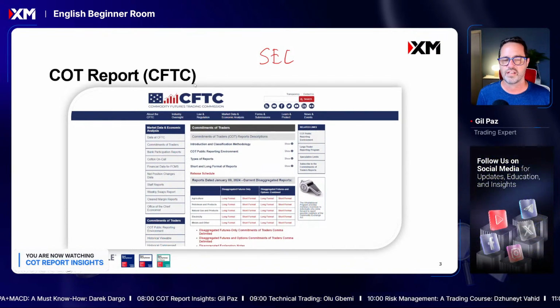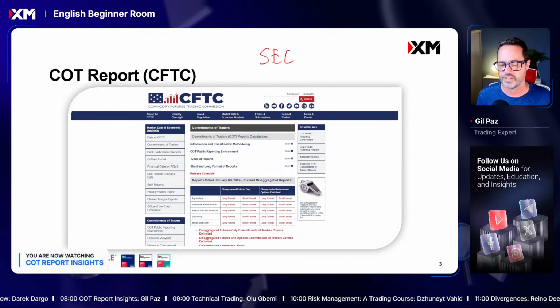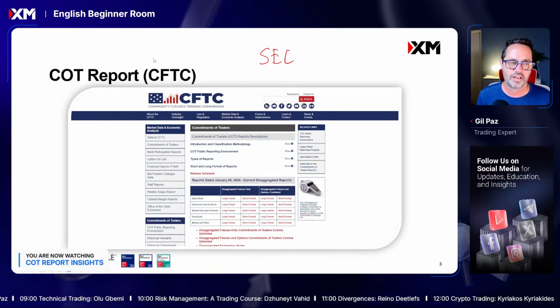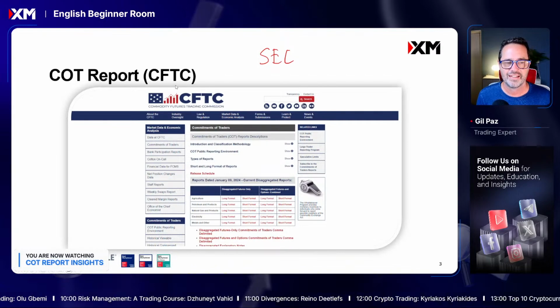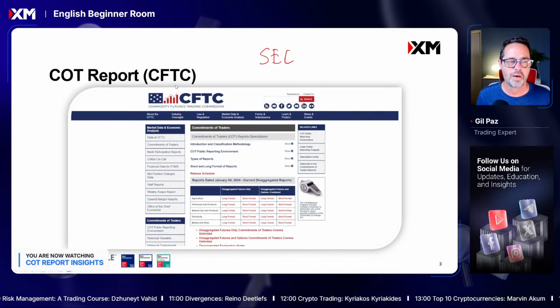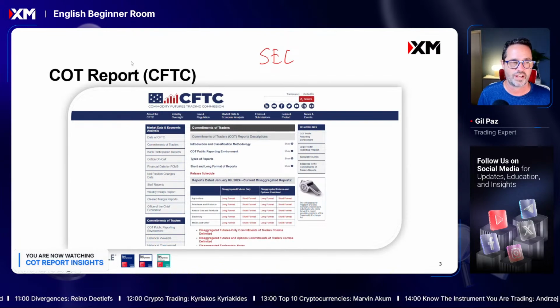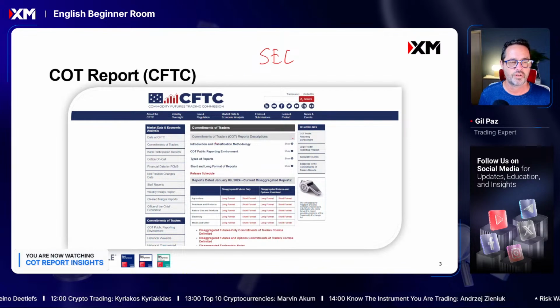So everything that has commodity or derivative like futures or options is regulated by the CFTC. And this CFTC is publishing every Friday evening, almost every Friday evening, the COT report.